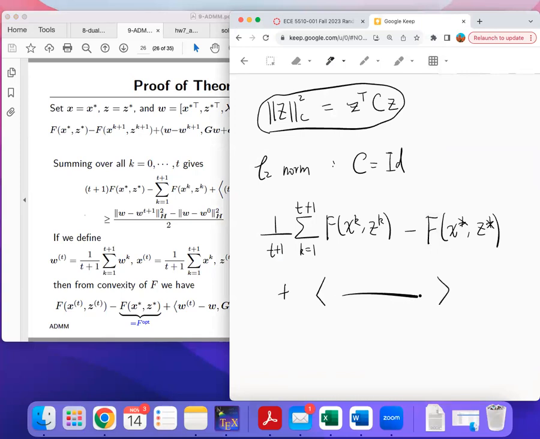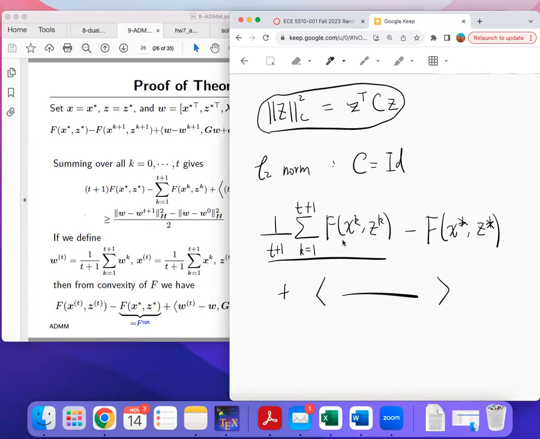Okay, so the inner product term is... and then for this term, this is a running average of all the function values at different xk, zk's. And by convexity, the entire function is convex.